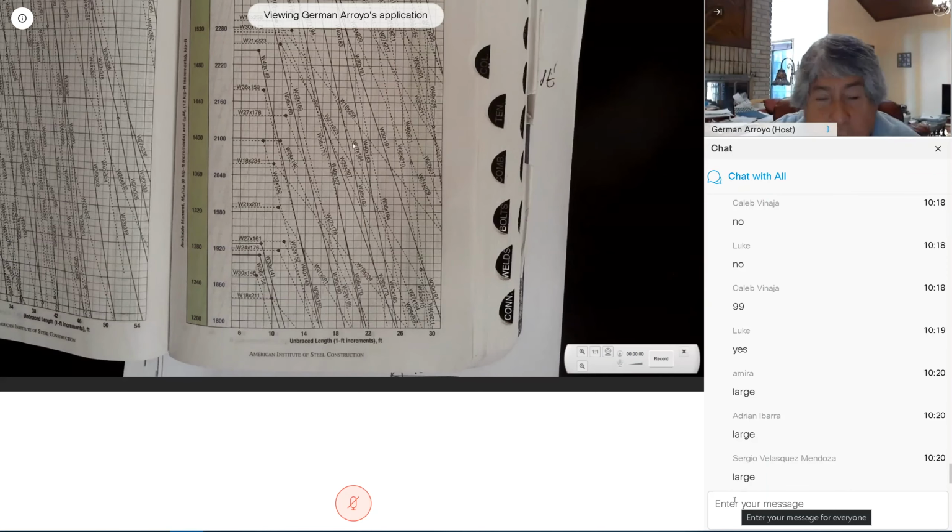But remember, we went to the chart with 1681 and 1877. And it's obvious when you start flipping the pages that you have to find the embrace length with a moment. You're going to find this page without any problem. Once you get to this page, we go with embrace length and M sub U, the very first solid line to the right and above, it was W36 by 160. And phi M sub N approximate 1890. We're going to do the same that we did before.